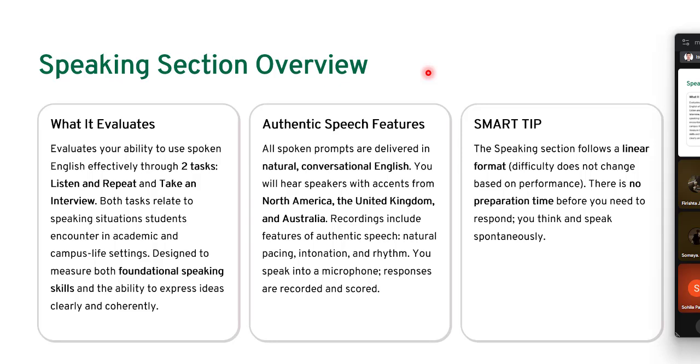While you're listening to the question, you have to instantly find a response, brainstorm ideas, and then you have the time to speak. No preparation time in both tasks. That's very important. It is not based on performance, and there's no preparation time given on any of the speaking section tasks.